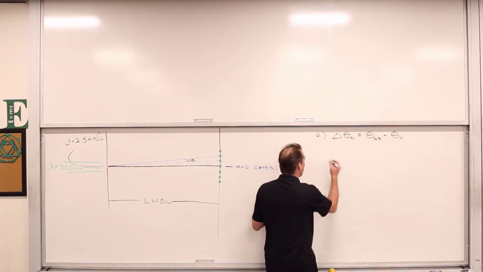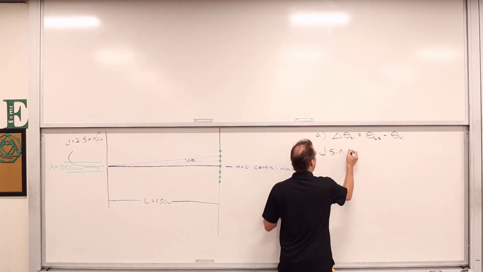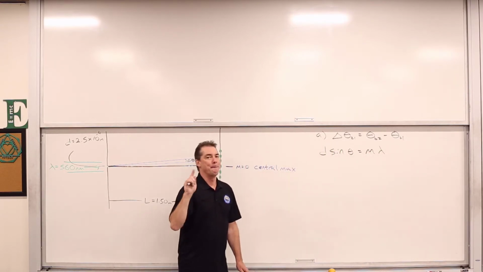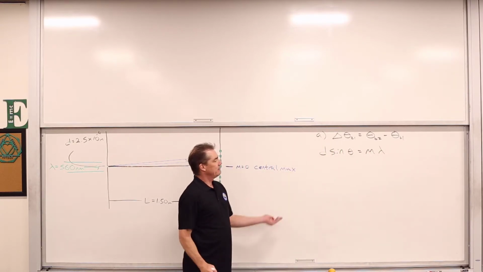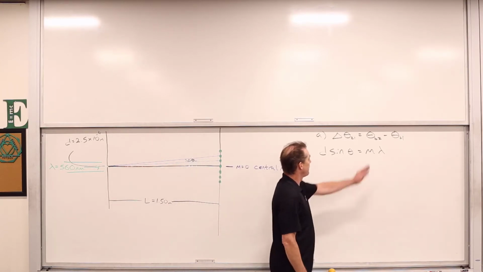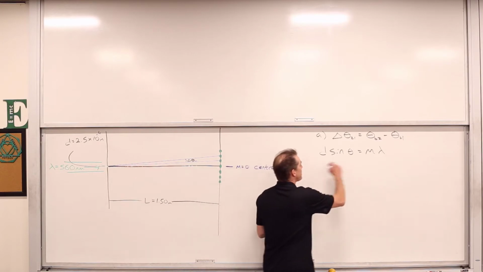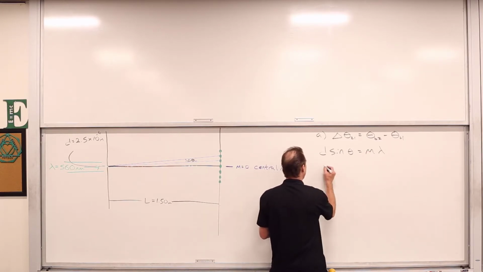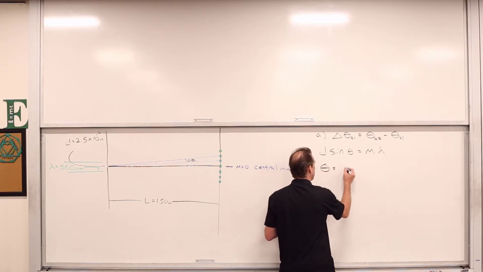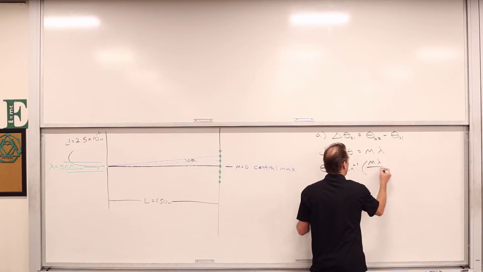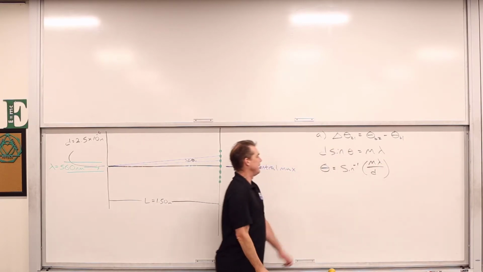So in general, again, d times the sine of theta is equal to m lambda for a maxima. And well, we've got two different thetas here. So what do we have? Two different thetas, two different m values. We can solve this out for theta pretty easily. Divide both sides by d, take the arc sine, and we've got that theta is going to be equal to the arc sine of m lambda over d in general.